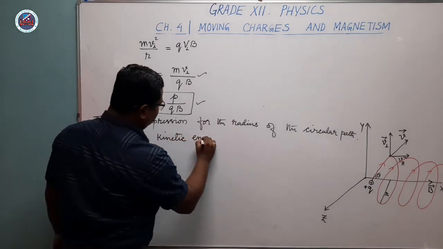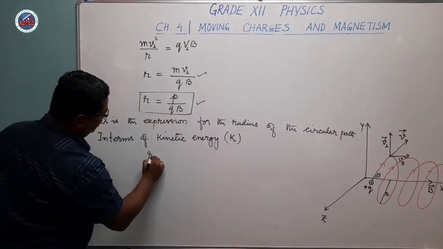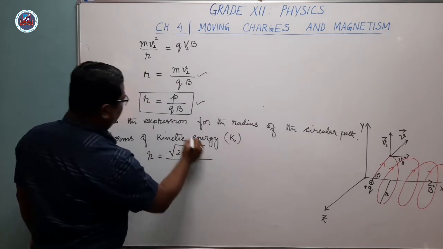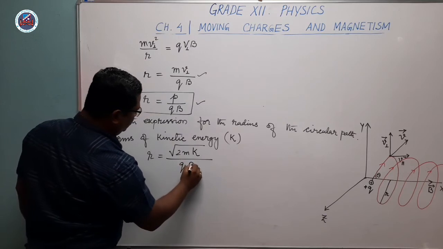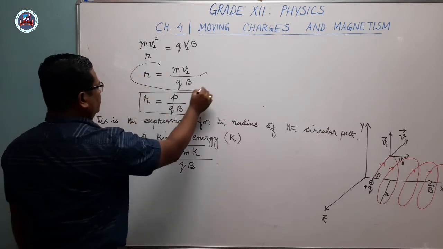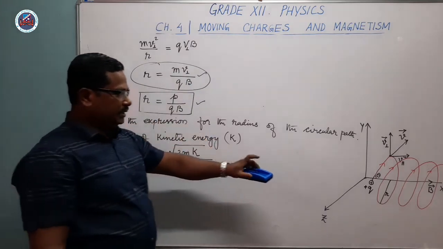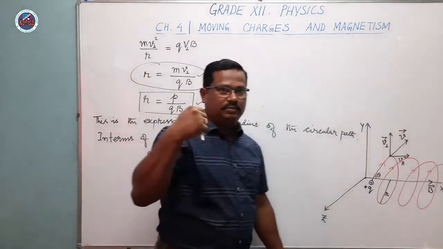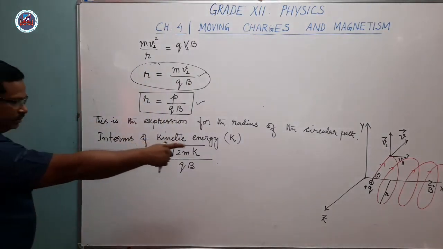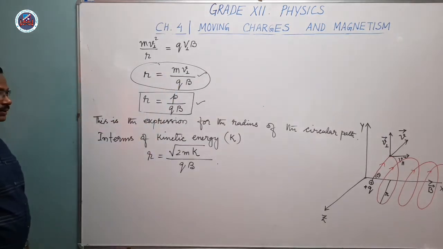Suppose K is the kinetic energy, then you know that momentum in terms of kinetic energy is root over 2mK. Root over 2mK is the value of momentum, divided by qB. You can express the radius like this also. But you should know that this is a general expression. Here we write V perpendicular because you have two components, but in the earlier case you have only one velocity, so if you don't write perpendicular it is okay. But when you are deriving with this diagram, then it is necessary that V must be perpendicular.